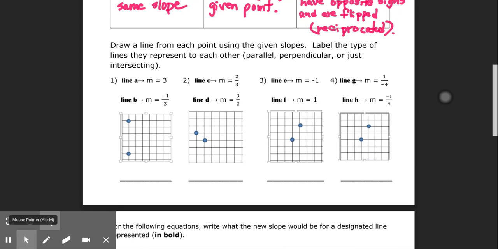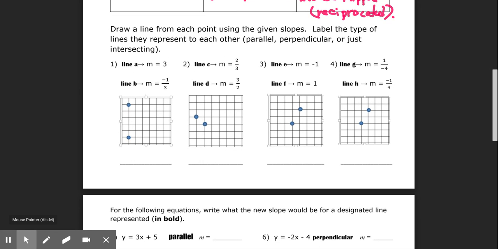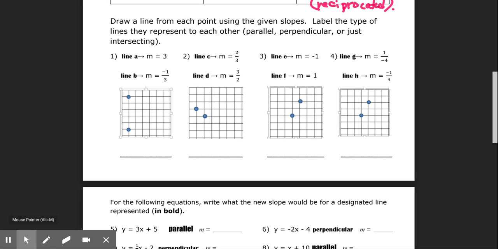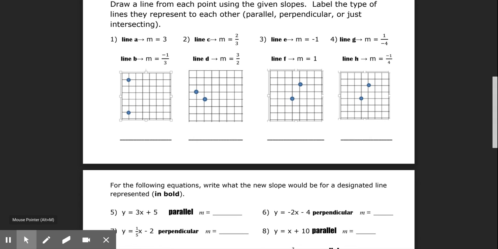All right, down here at the bottom, it says draw a line from each point using the given slopes. Label the type of lines they represent to each other, such as parallel, perpendicular, or just intersecting. So on problem 1, line A, the slope is going to be 3. Now, here's the thing.